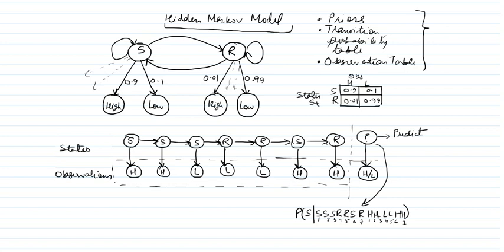So there could be different kinds of problems. We will discuss those in the next class, right? One is, what is the likelihood of these. We will take up the likelihood, decoding and learning parts in a later class.